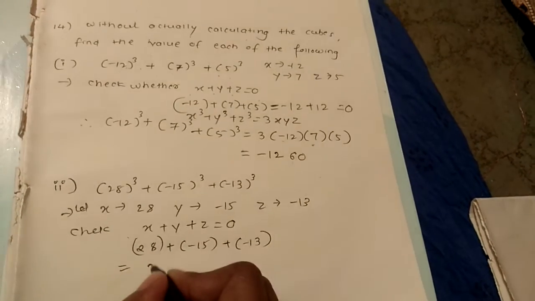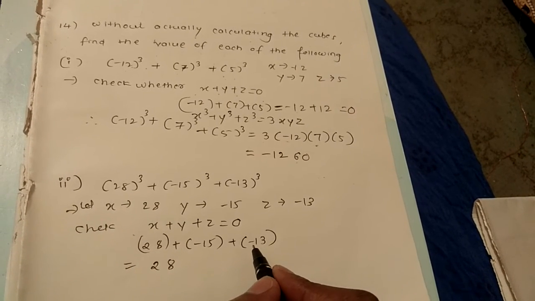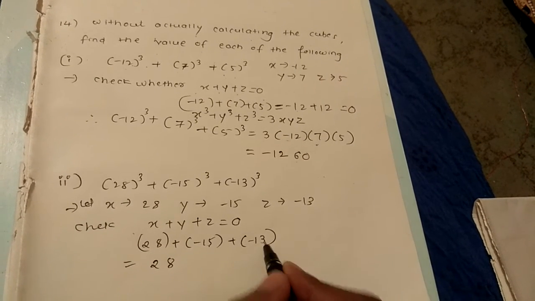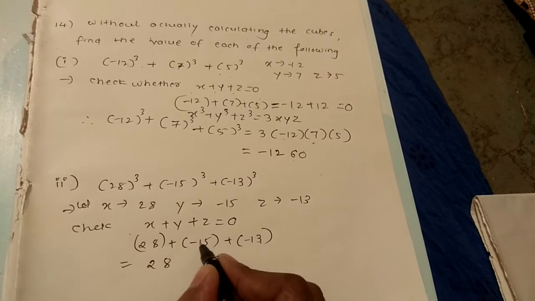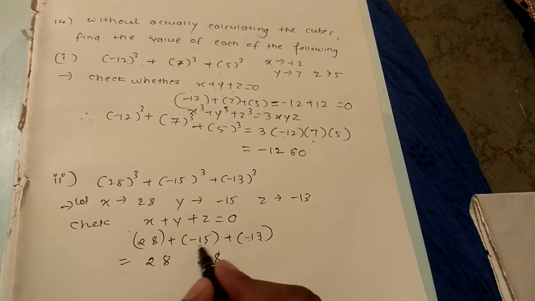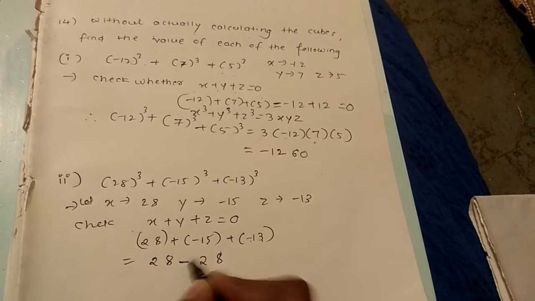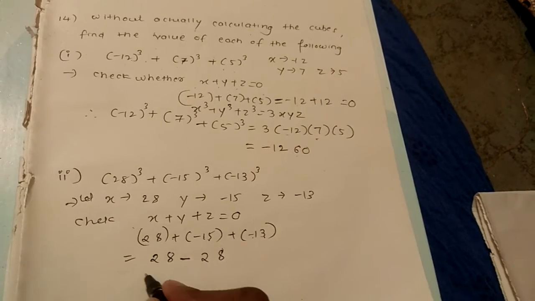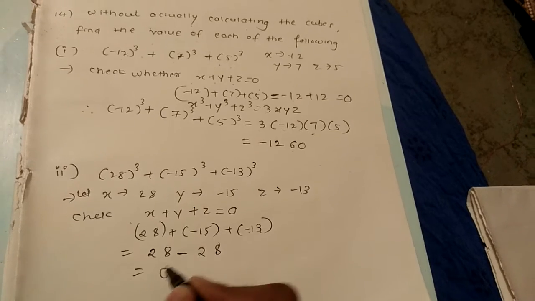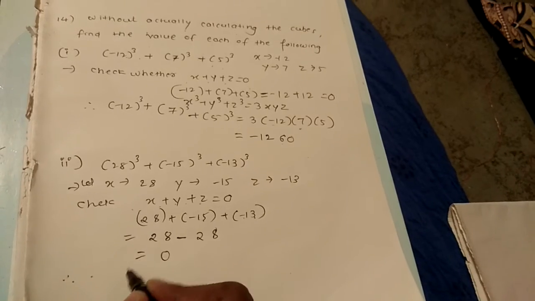So this is 15 and 13 make 28, and the sign will be minus, the sign of the bigger number. So 28 minus 28 is 0. Therefore x plus y plus z equals 0, and therefore we can use the identity.